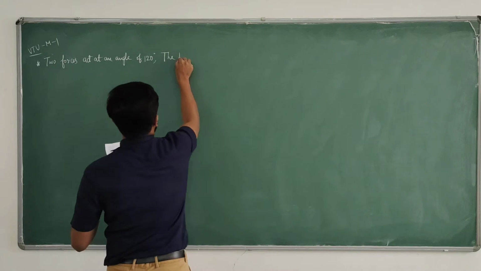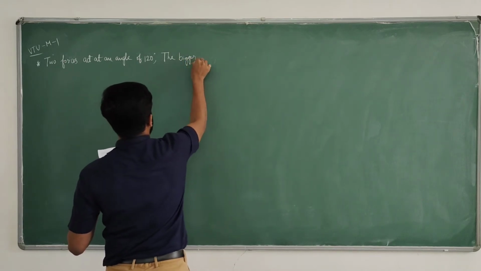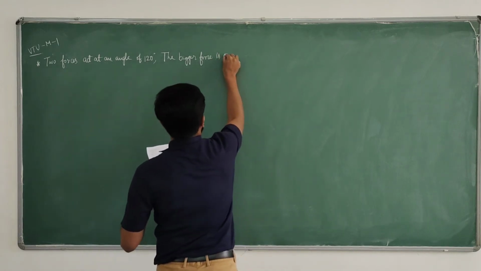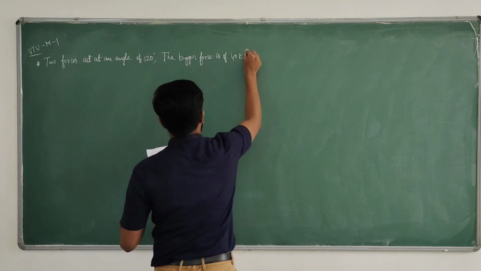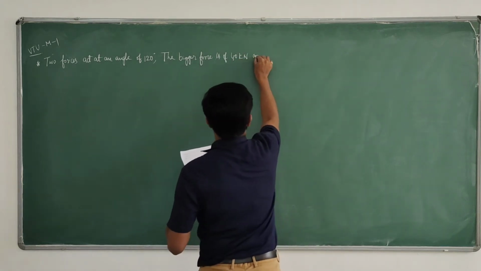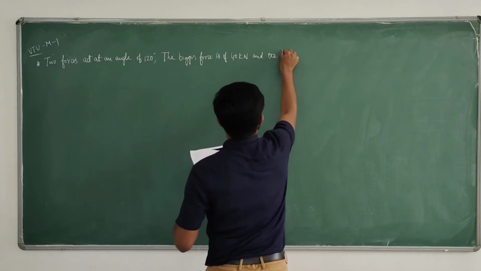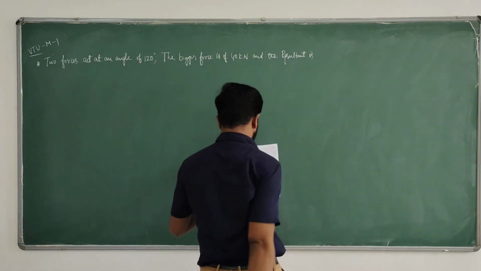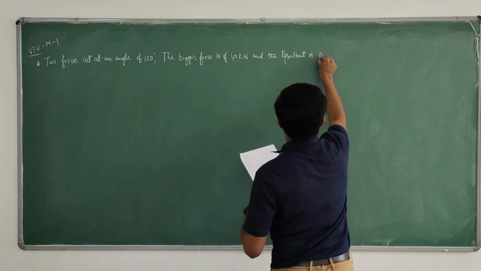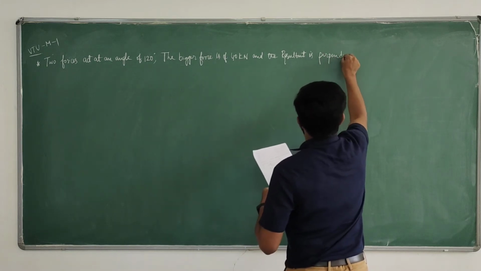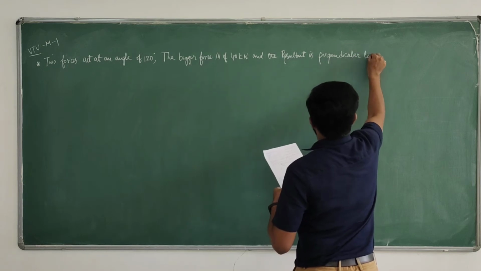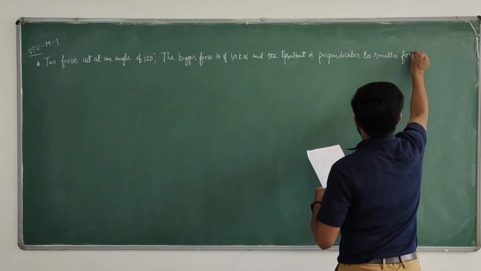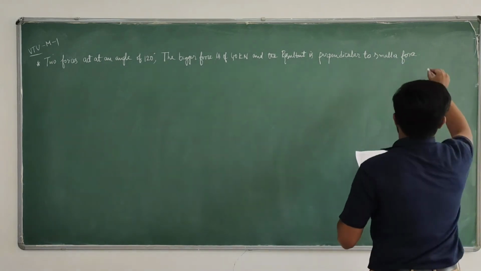The bigger force is 40 kilonewton, and the resultant is perpendicular to the smaller force. Find the smaller force.